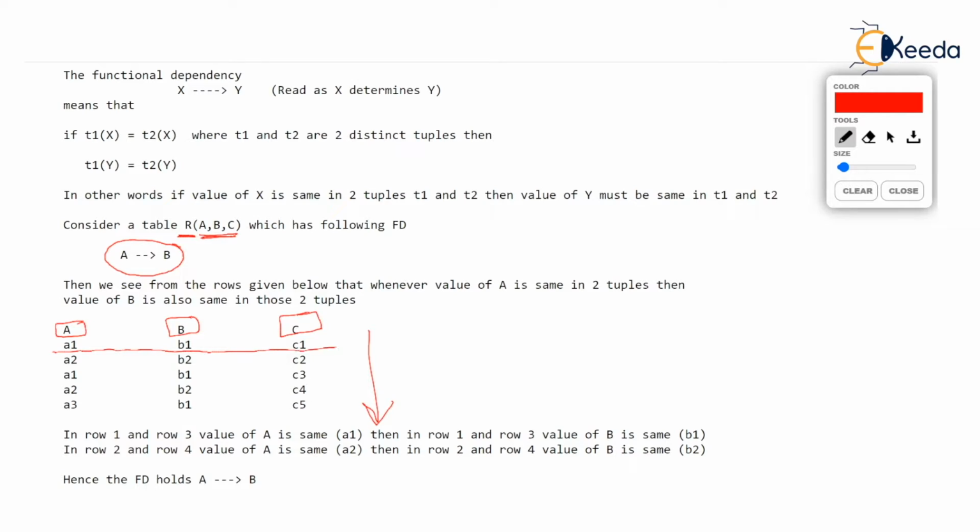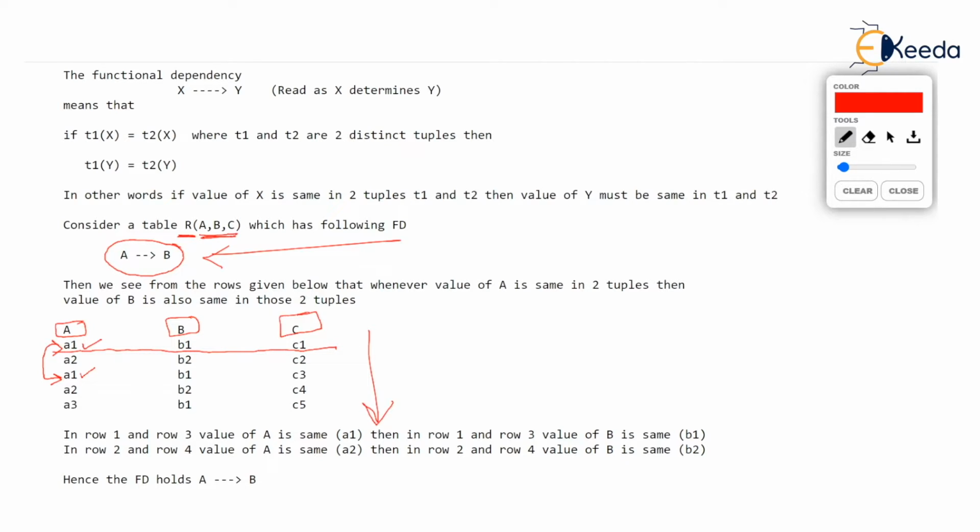Now what you observe over here is that A determines B is the FD. Then in whichever rows the values of A are equal, let's see these two rows. Observe these two rows. In these two rows, the value of column A is A1, the same values.